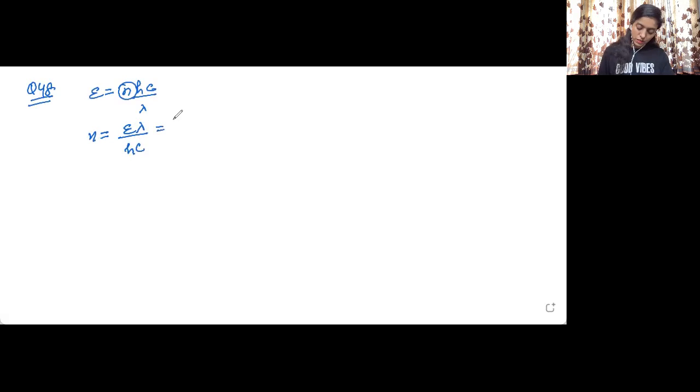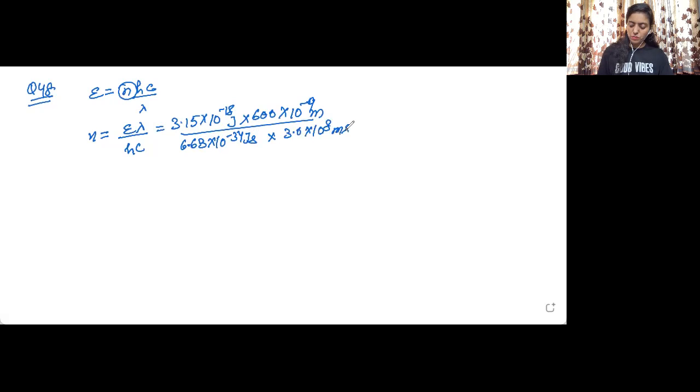Value of E is 3.15 into 10 raised to the power minus 18 joule. Lambda is 600 into 10 raised to the power minus 9 meter upon h, which is 6.63 into 10 raised to the power minus 34 joule second, into 3.0 into 10 raised to the power 8 meter per second.